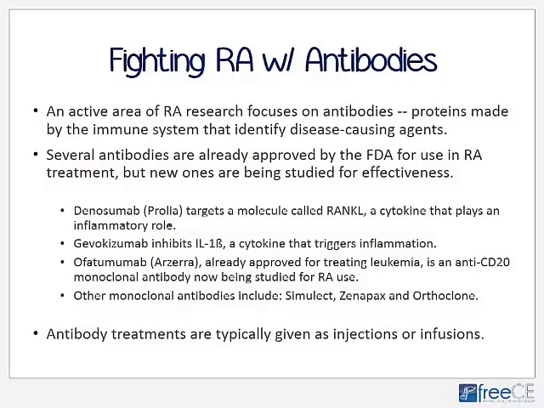There's a variety of others. For example, Arzerra. It's already approved for treating leukemia, by the way, but it's an anti-CD20 monoclonal antibody that's currently being studied for RA because it does reduce aspects of the inflammation cascade.